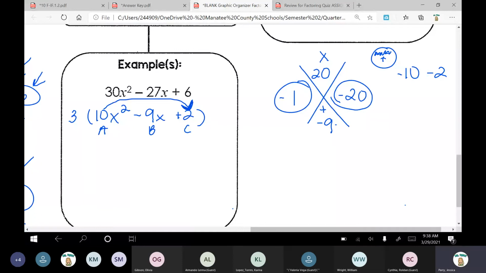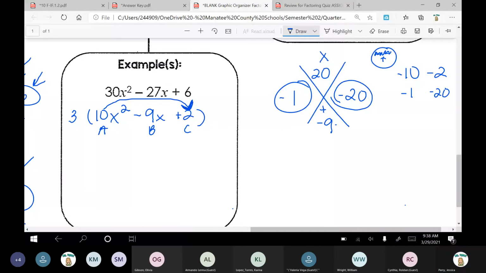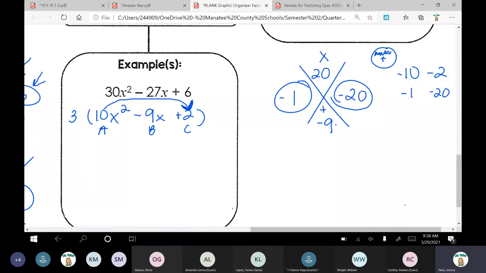Negative 1 times negative 20 is positive 20, yes. But negative 1 plus negative 20, that would be a negative 21. So that doesn't work either. So I tried the negative 1 times negative 20. Okay, so we can't use 10 and 2, and we can't use the 1 and 20.